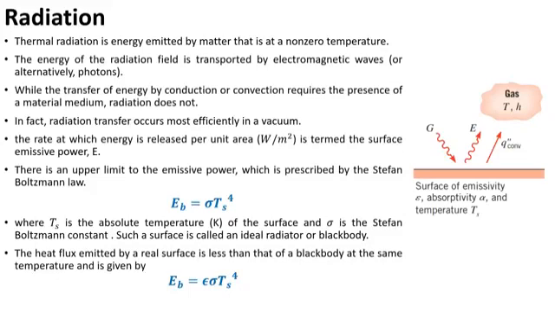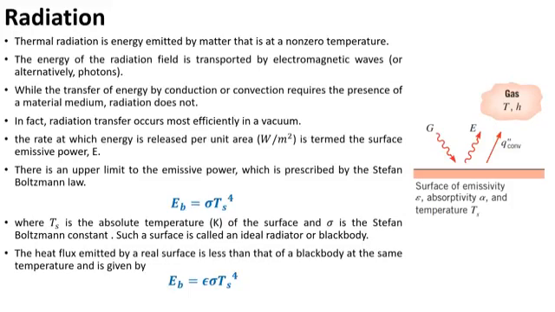Every real body means that I am emitting radiation, you are emitting radiation, the furniture around us is emitting radiation, the laptop, mobile, every real body, even gases and liquids emit radiation because they are at non-zero temperature, and this radiation does not require any material medium to travel.